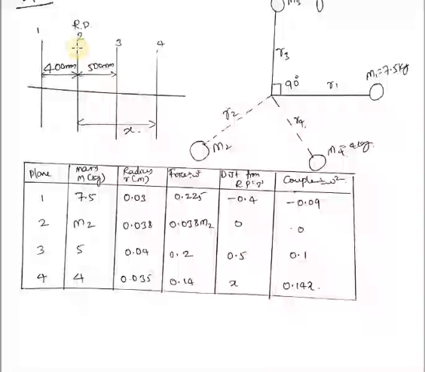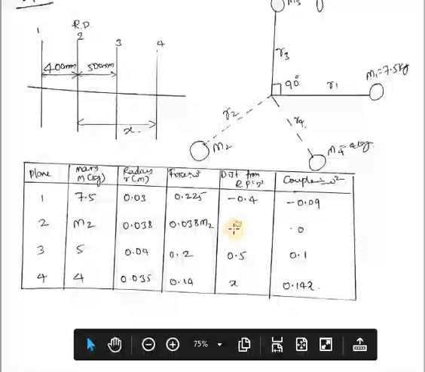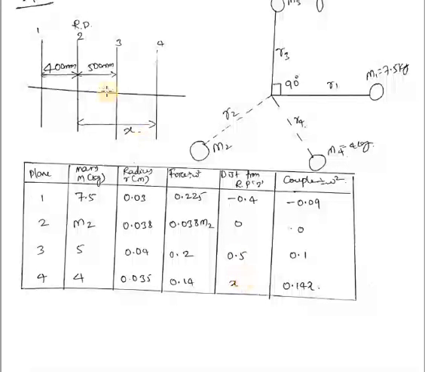For plane 1, towards the left side, it is minus 0.4. For the second plane itself it will be 0 because it is at the same point. Then towards the right side, the third plane is at a distance of 0.5, and the next one is at a distance of x.